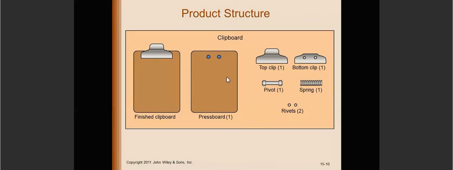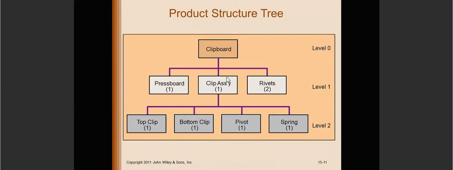The product structure tree shows the relationship between the item and components as a complete clipboard product.